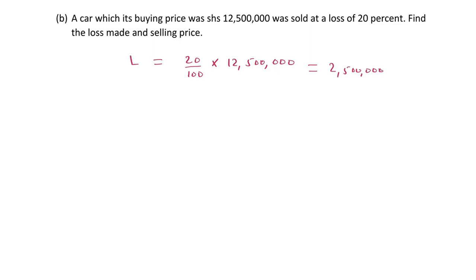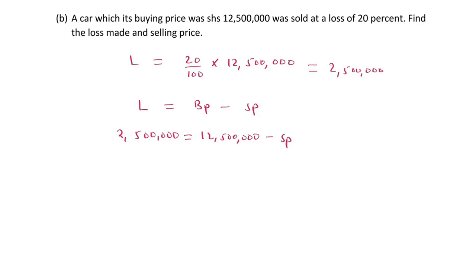Okay, so to find the selling price, let us consider the following formula, which says loss made equals to buying price minus selling price. Okay, so now let us substitute the values. We are having 2,500,000 equals to 12,500,000 minus selling price.